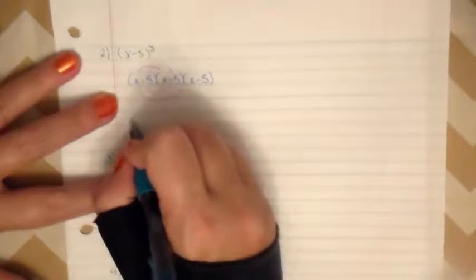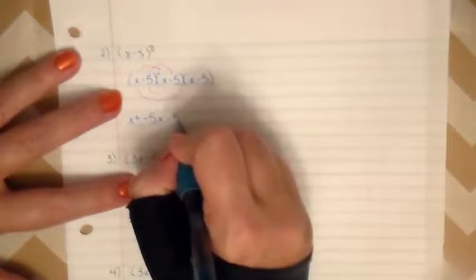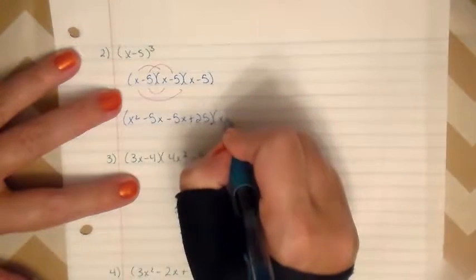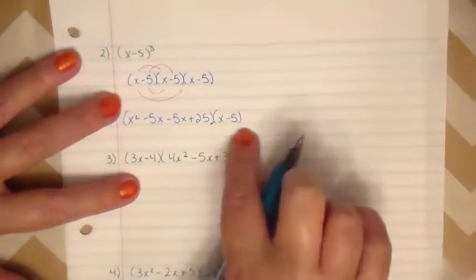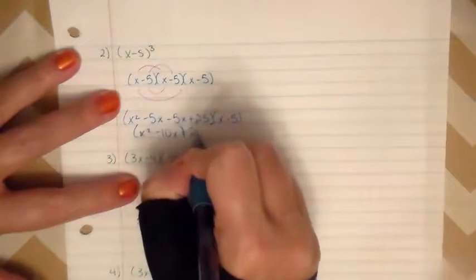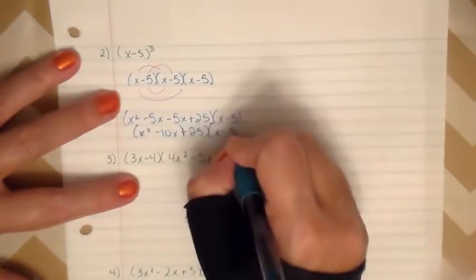So first, I get x², outside minus 5x, inside minus 5x, and last is plus 25. And that's still going to be times (x - 5). I can't lose that last (x - 5). Add my like terms, I get (x² - 10x + 25) times (x - 5).